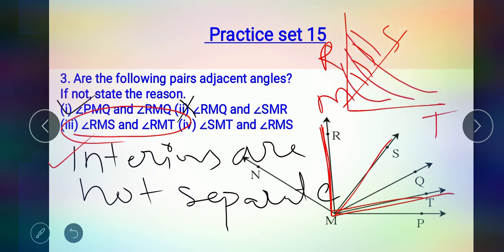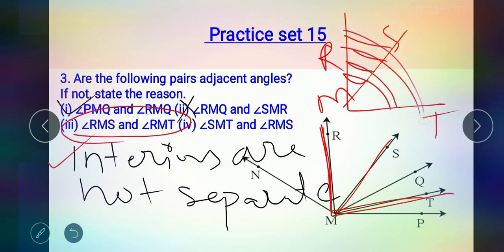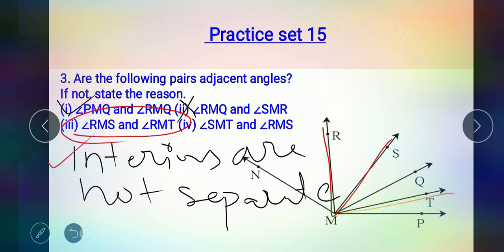Here the interiors are not separate, and that's why these two angles are not adjacent angles. So again, the third pair is not an adjacent angle.